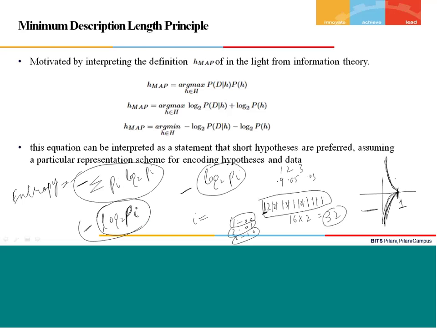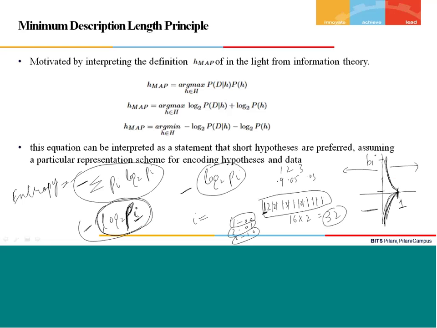So this expression is saying that the optimal number of bits you want to use to represent the ith message is inversely proportional to the probability. The more probable it is, as you go to this side, the fewer bits you want to use to represent that number. The less probable it is, as you go to this side, the more bits you can use, because it appears very rarely.